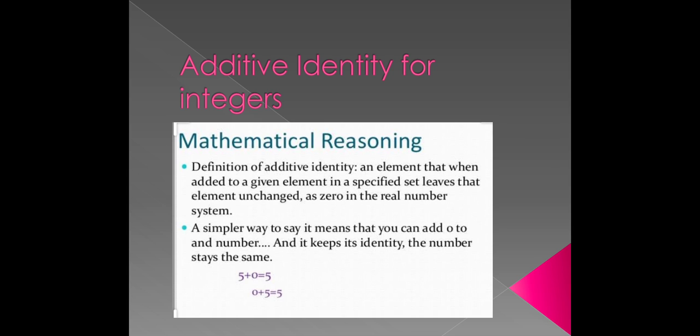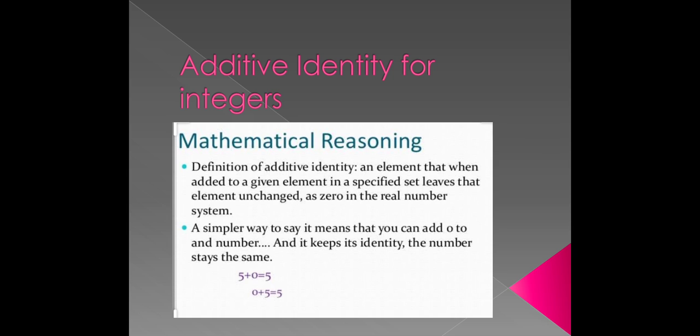A simpler way to say it is that you can add 0 to any number and it keeps its identity. The number stays the same. So additive identity means the number which, added to a given number, gives the same result. Then we say that number is the additive identity of the given number.